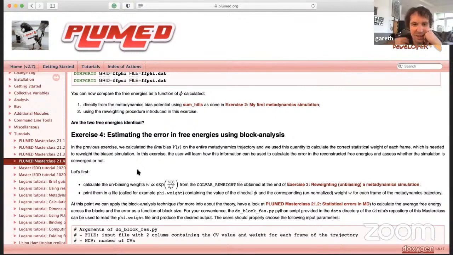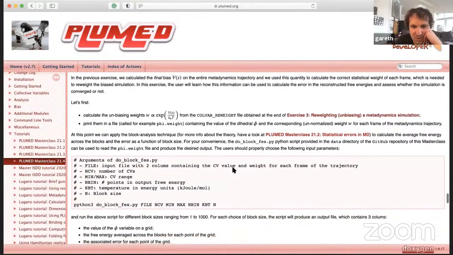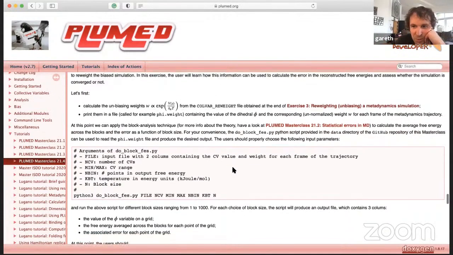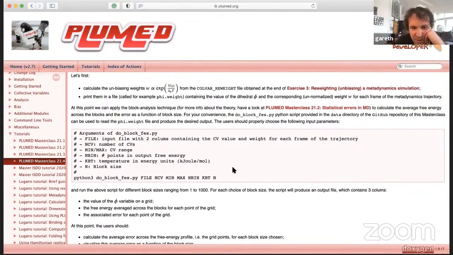Again, this is exactly the same as the methods you were using in Masterclass 21.2. There's a script that Max has written for you to use, but the method underpinning it is the method that I showed you in exercise 21.2. And I think it's also the method that Giovanni was talking about last week in the context of umbrella sampling, because we're just assuming that the bias is static.